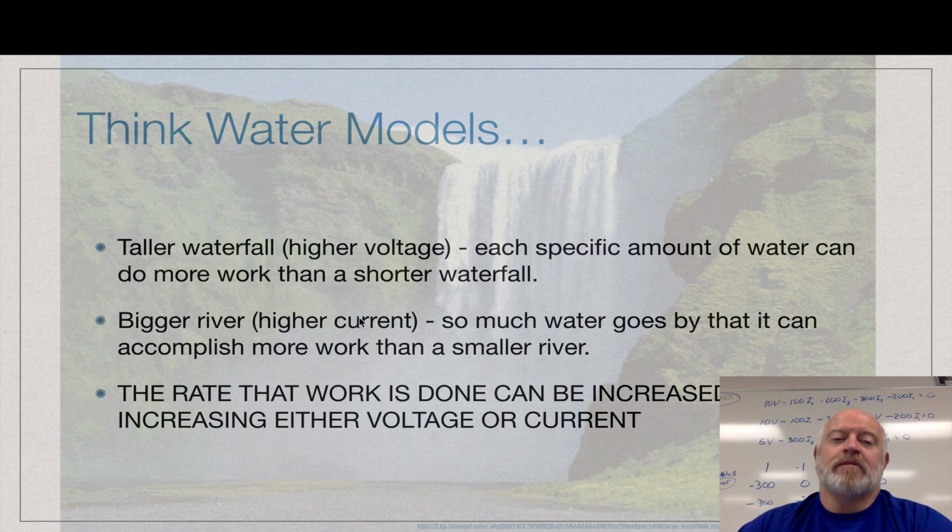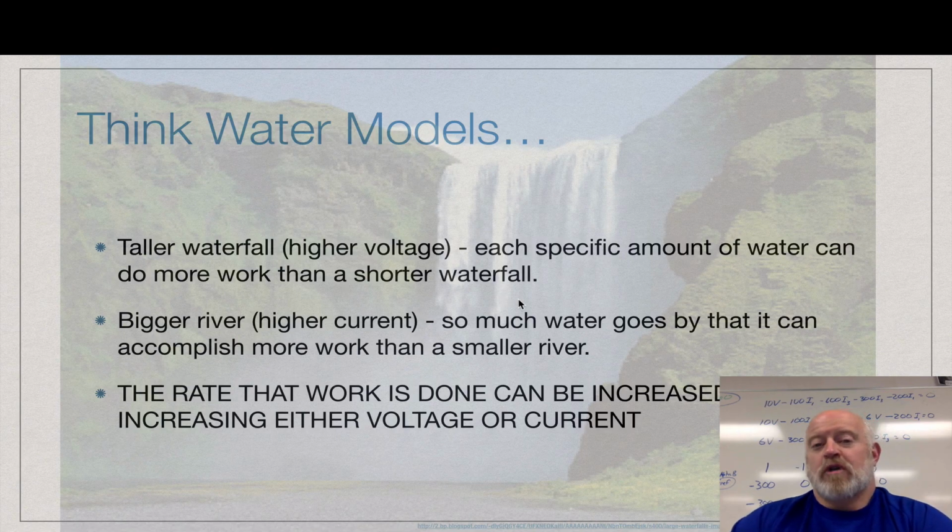Applying these two concepts together, if you had a short waterfall with no water in it versus a tall waterfall like Niagara Falls that's dumping billions of gallons of water through it, we're going to get a lot more power out of a tall waterfall that also has lots of water. A tall waterfall with a little bit of water, not much power there.